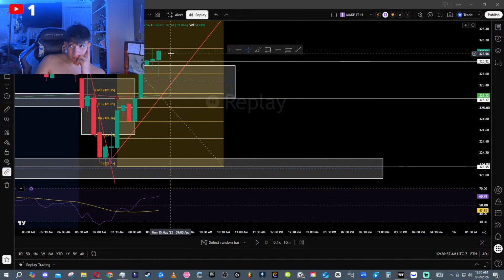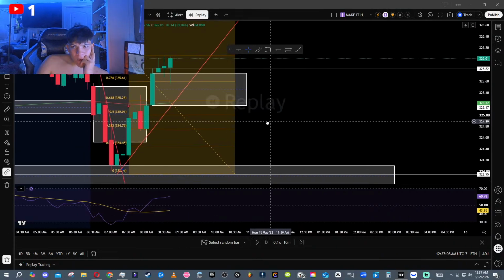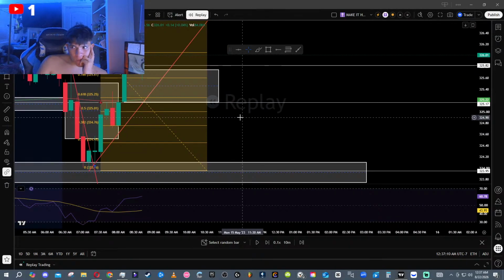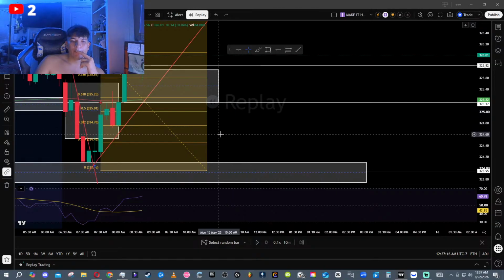But how many pips even is this? 96 to 60. It's like 30 pips. But with options, you always want to see like 50 pips or greater. 30 pips is great. It's great with options.